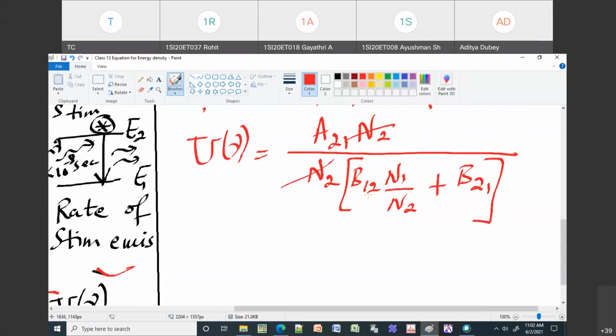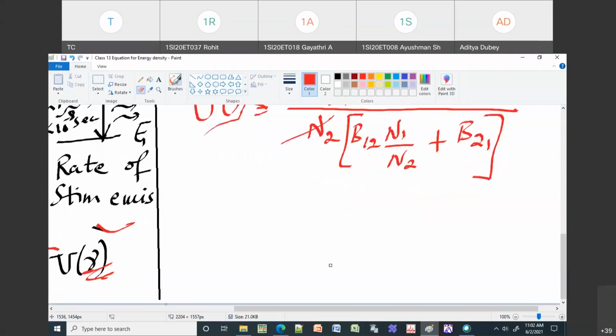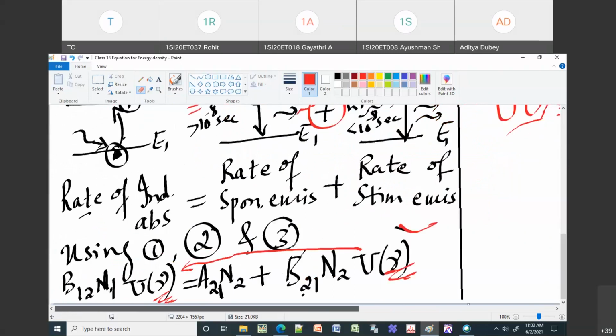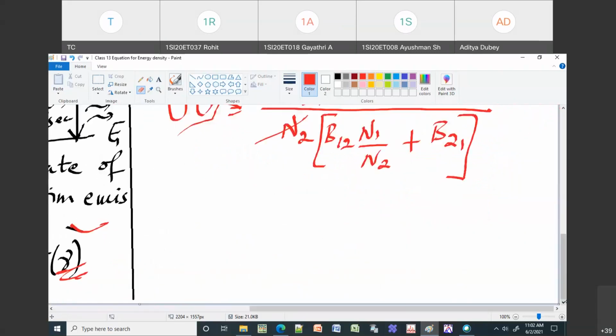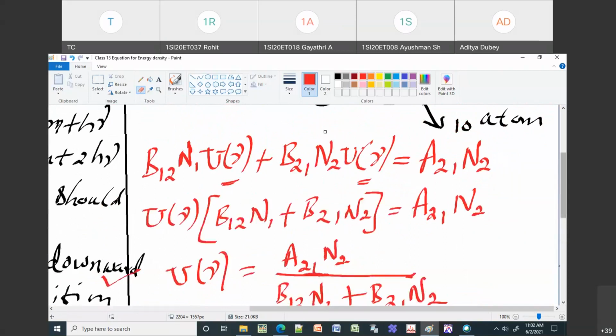Sir, when b21 is coming to the left hand side, it should be in minus, no? Yes, sorry. Okay, thank you. So it should be minus. So from here I need to put as minus.